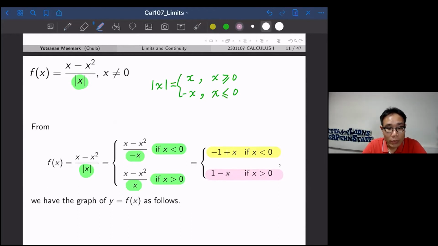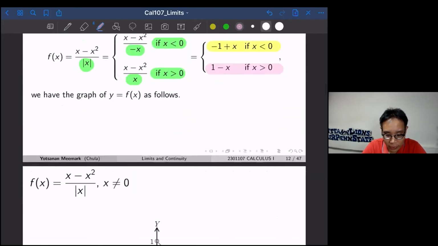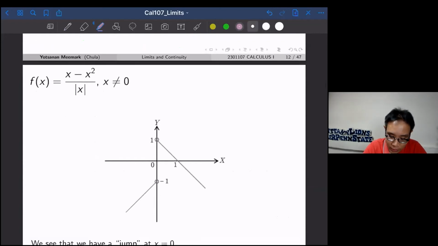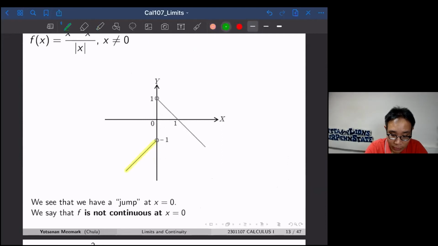So we are able to graph y equal to f(x) as follows. When x is negative, you get the yellow line, which is y equal to -1.